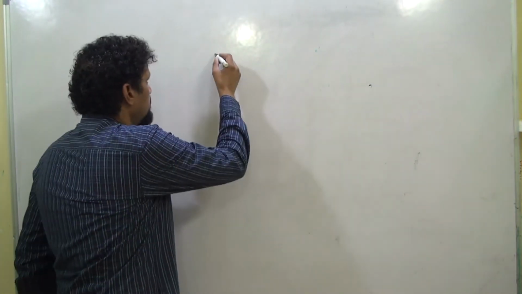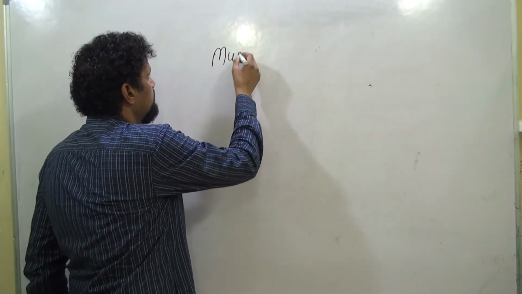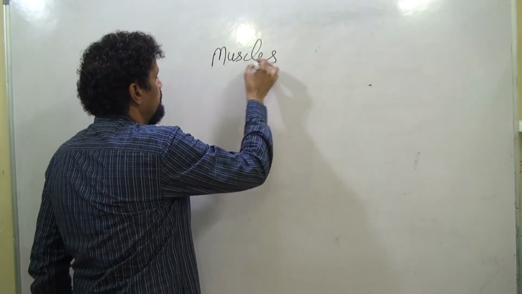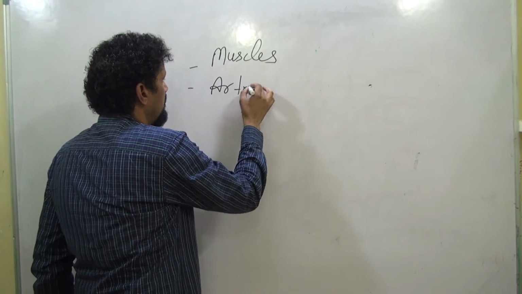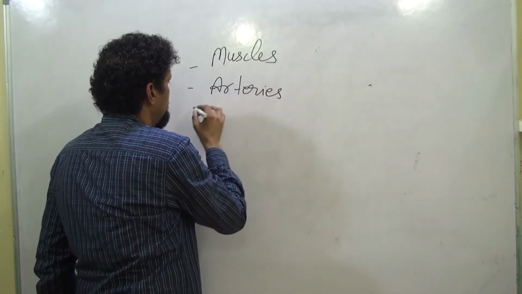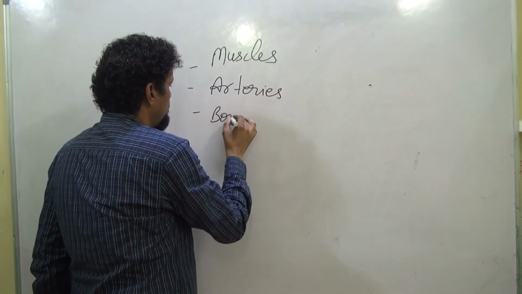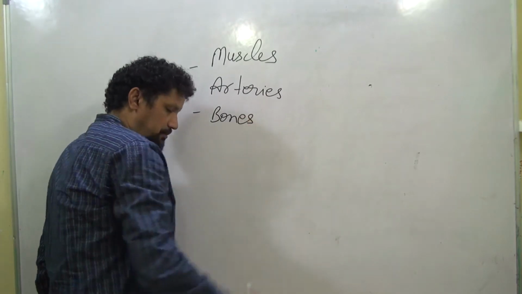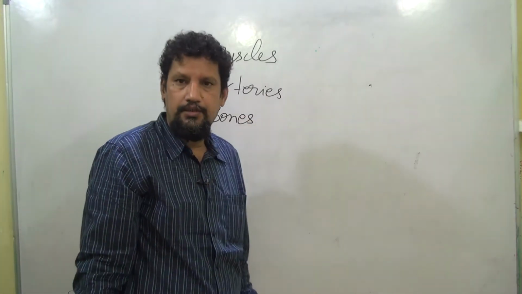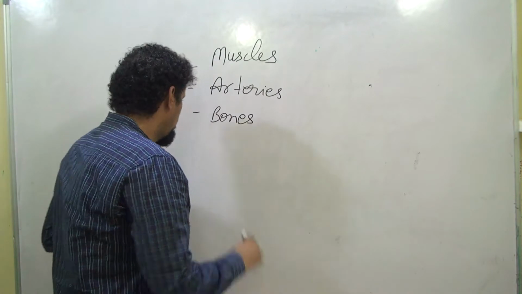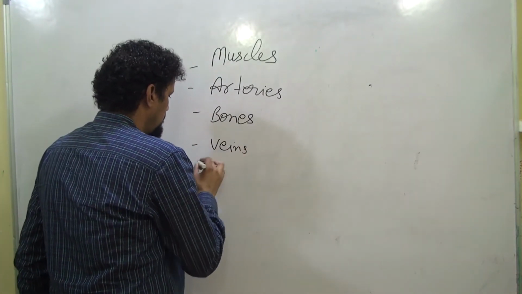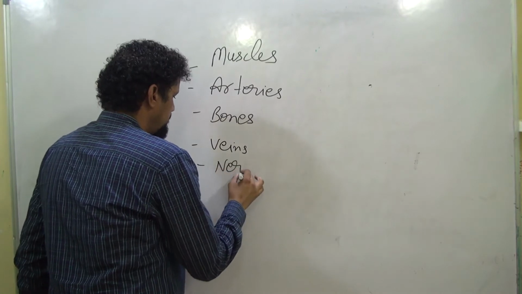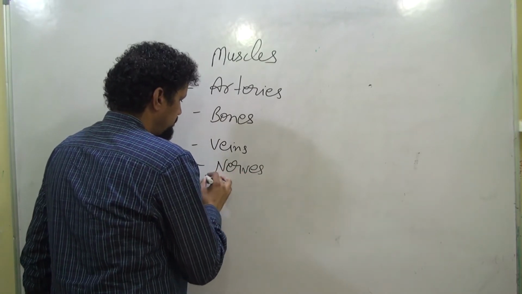So muscles, arteries, bones or their parts, veins and nerves.